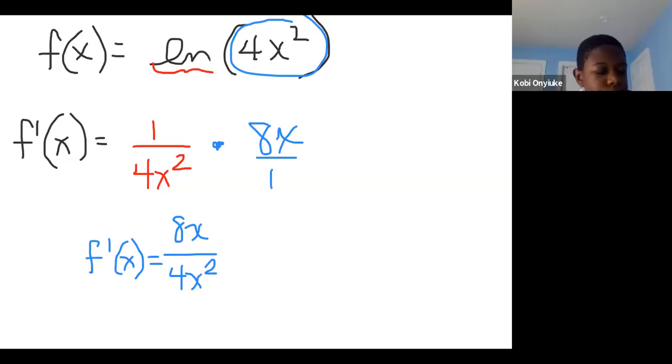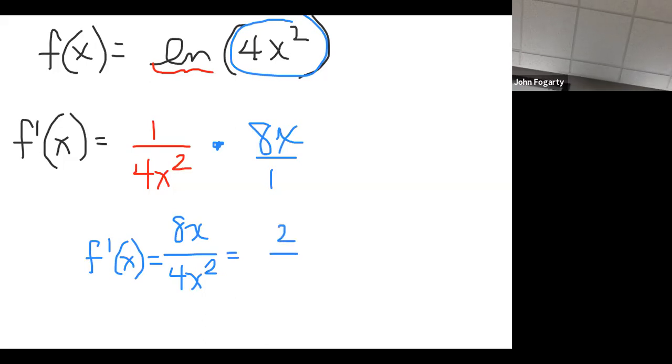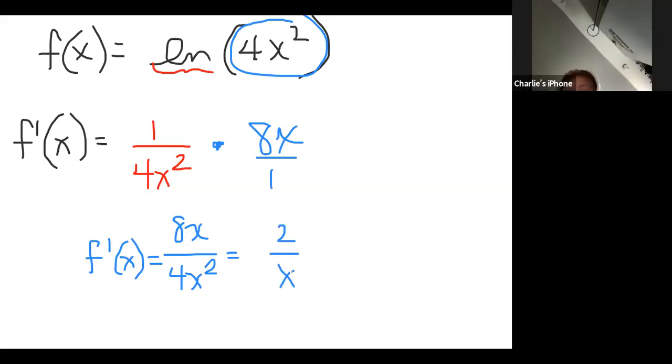Does that make sense? Now, what could this become? 2x over x squared.